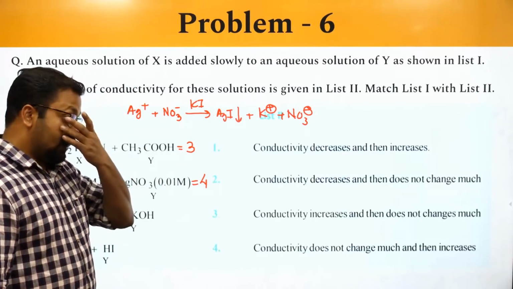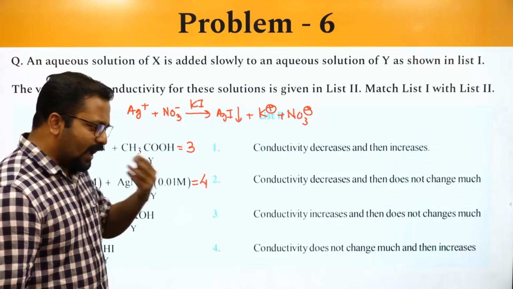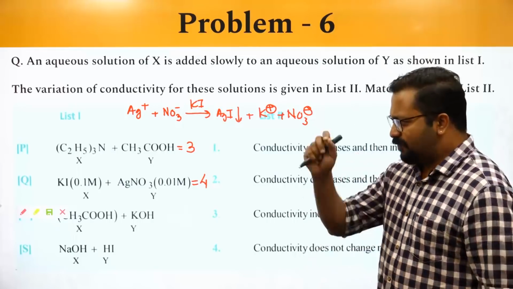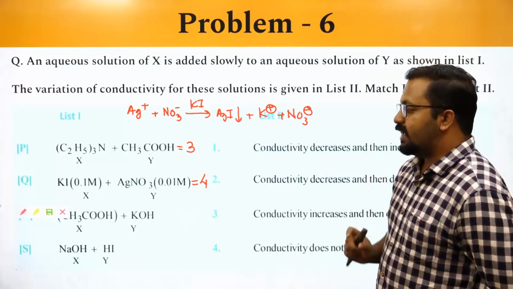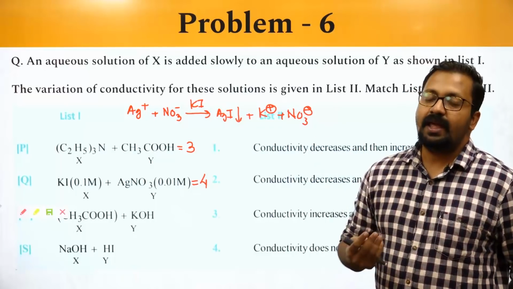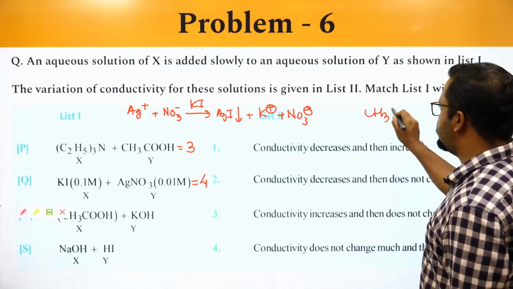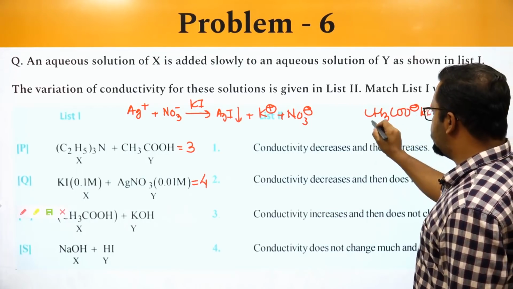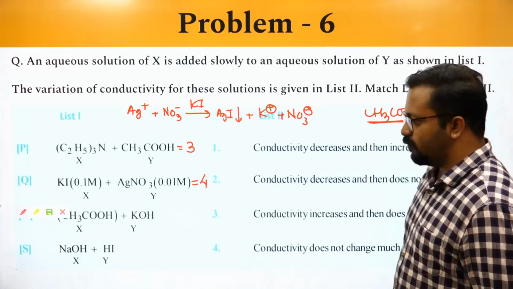And the moment complete neutralization takes place, beyond that, if you add acetic acid, what will happen? You will expect that the conductivity should increase because acetic acid will dissociate, but in the solution you will have CH3COO minus K plus. And what is this? Salt of a weak acid and a strong base.